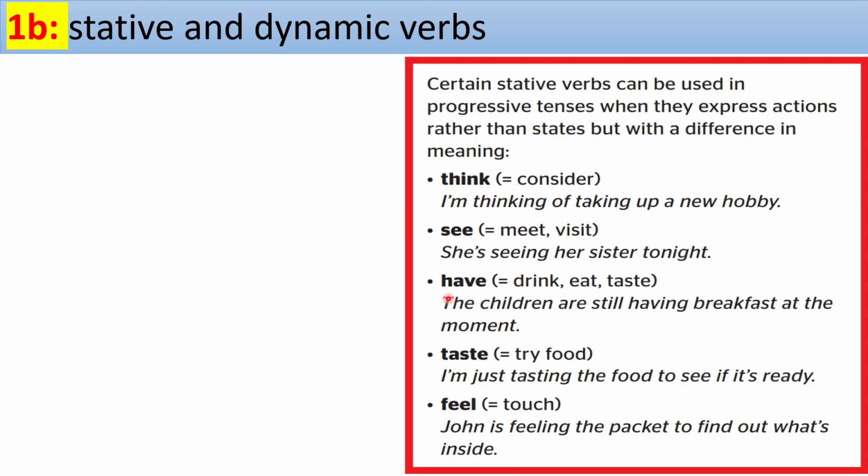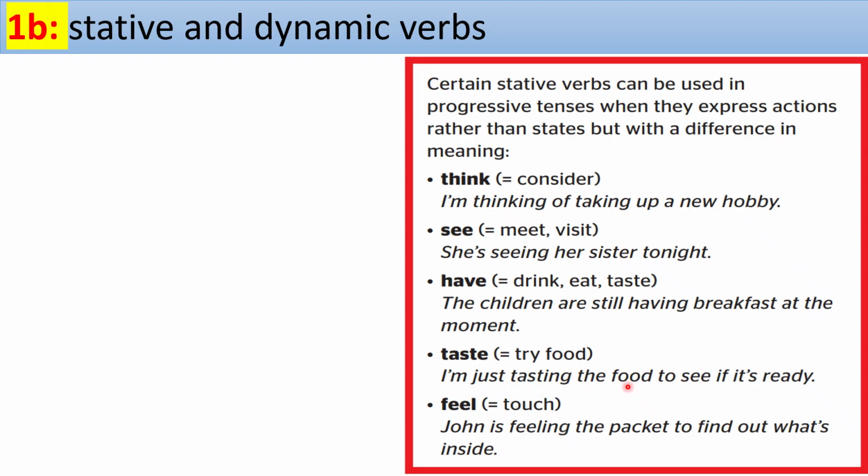Okay, if you change the meaning of the verb have, which is normally possession, into drink or eat or taste, it will be used in the present progressive. Now, the verb taste, if you change the meaning of taste, it can become to try food. I am just tasting the food.